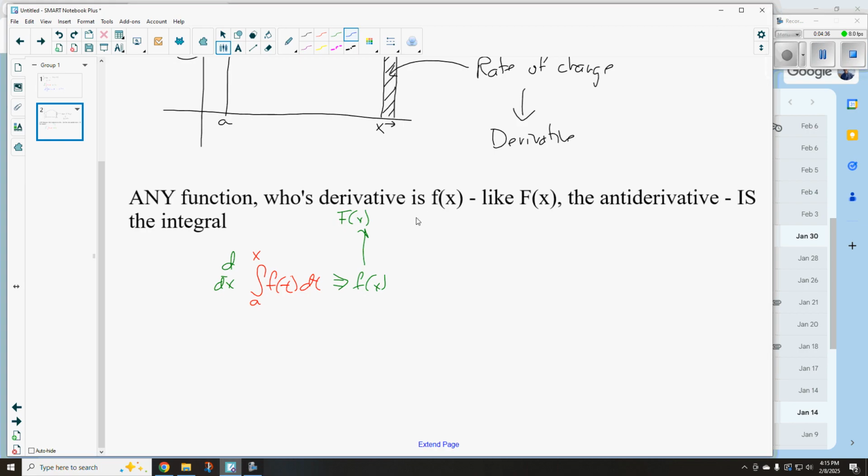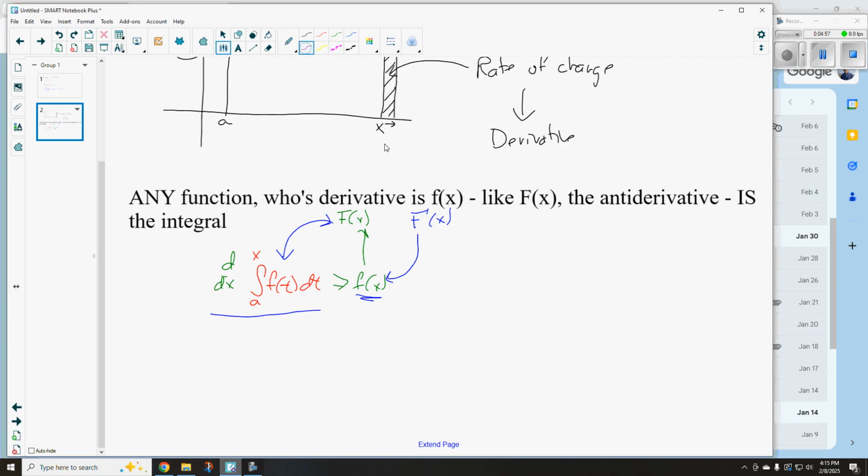And again, since I know that the derivative of big F of x is equal to f of x, that's the same thing as saying the derivative of the integral is equal to f of x. So big F of x is equal to the integral.